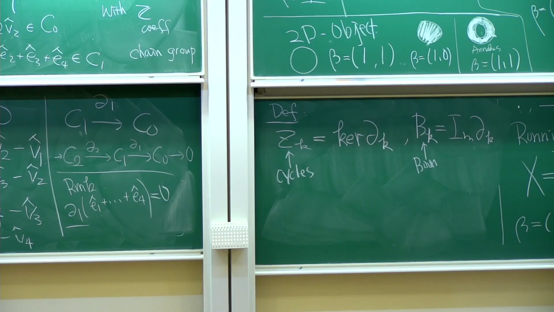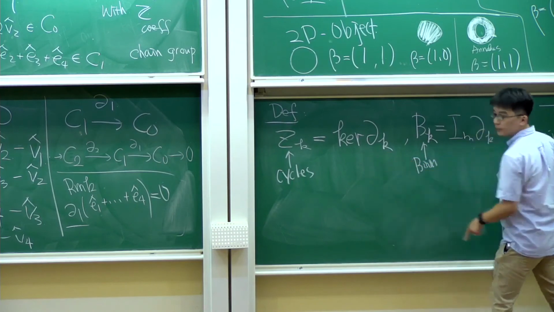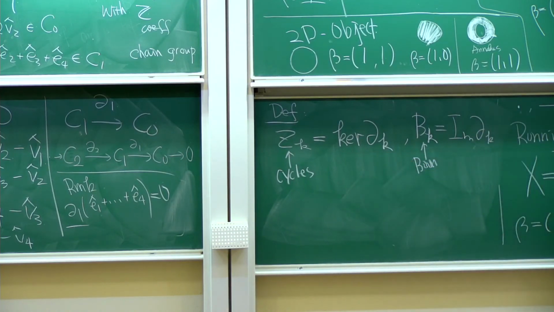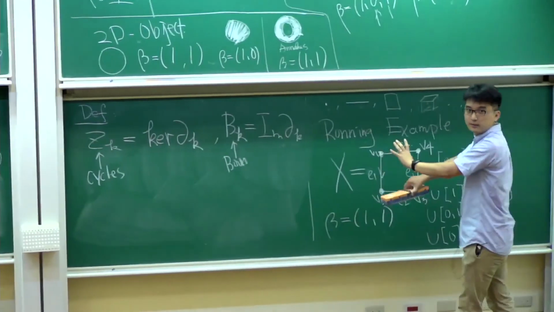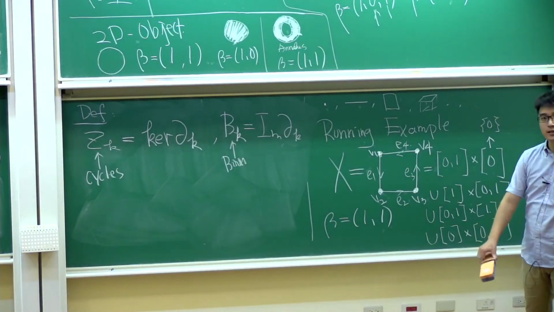So now we have the idea how to capture the cycle, how to capture this information. It's going to be somehow related to the kernel. But here's the thing. What if my cycle happens to be someone else's boundary? Then that's not the real cycle I'm interested in.